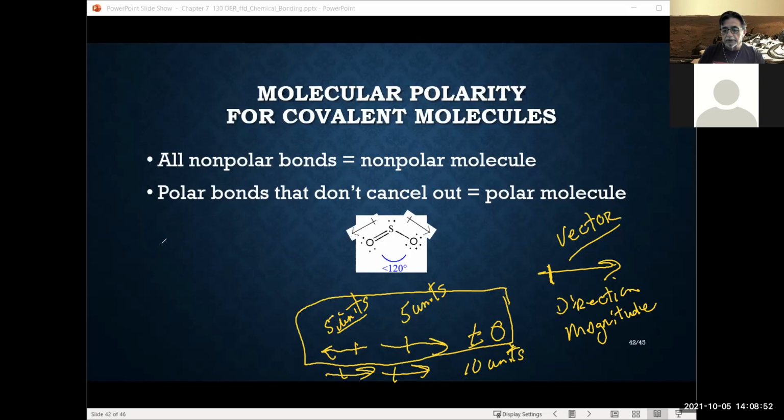Let's take a look at carbon dioxide. We'll give that more detail. Do you agree that carbon dioxide has a polar bond on each side? What do you think? Looking at the carbon and the oxygen, would you classify that as a polar bond?